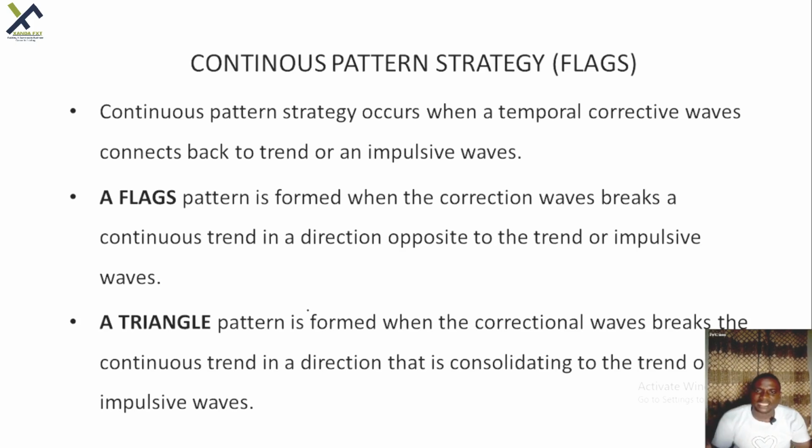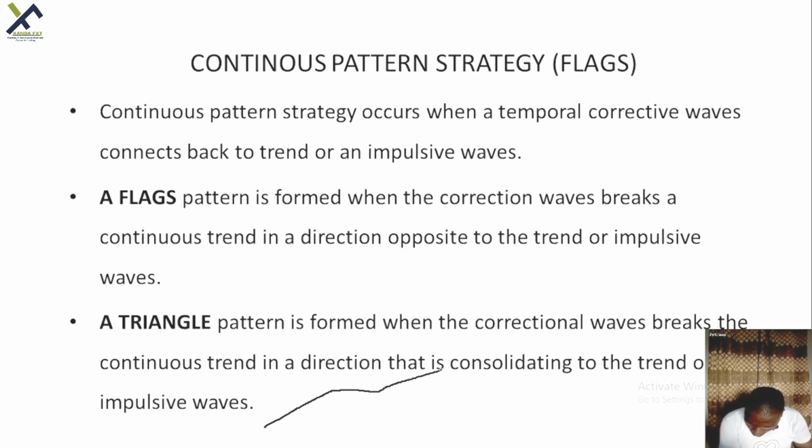Now when is a triangle formed? A triangle is formed when a corrective wave breaks the continuous trend in a direction that is consolidating to the trend or the impulsive wave. Let's look at it here. This is an uptrend, and all of a sudden you see a consolidation trend.